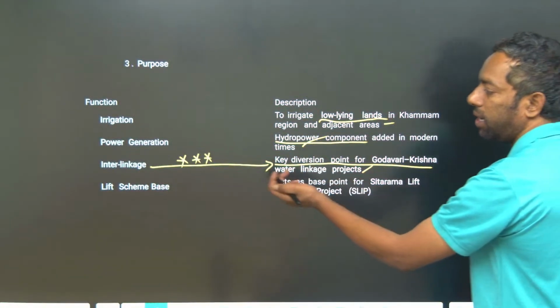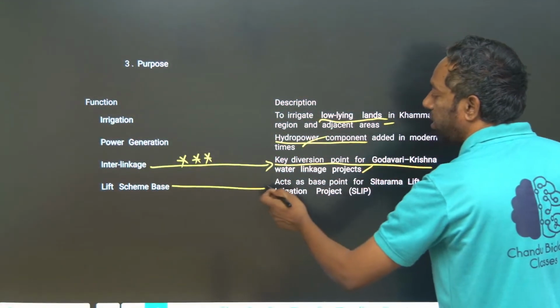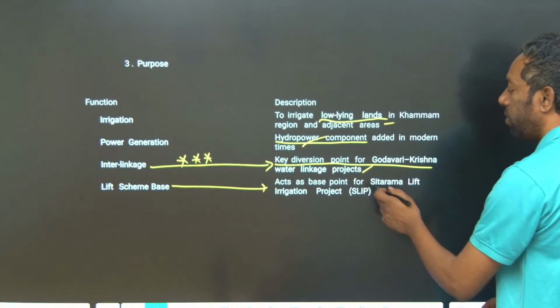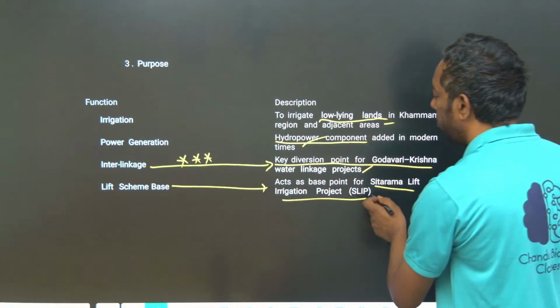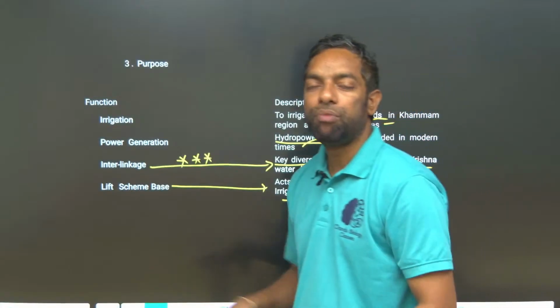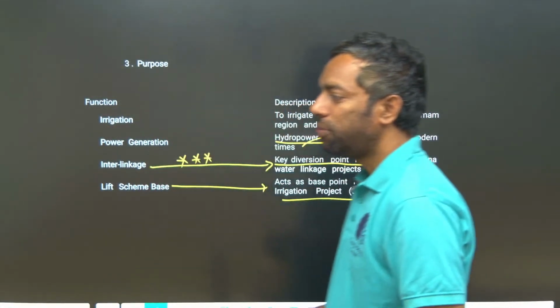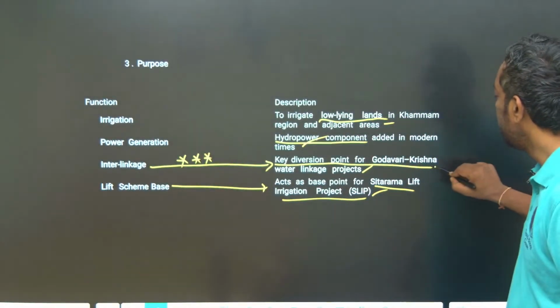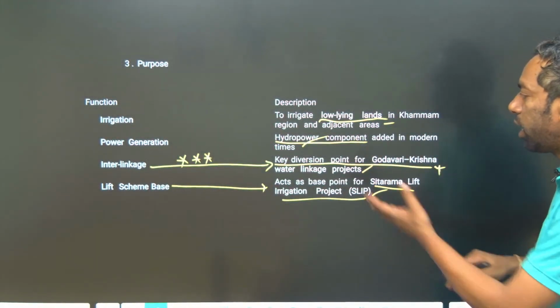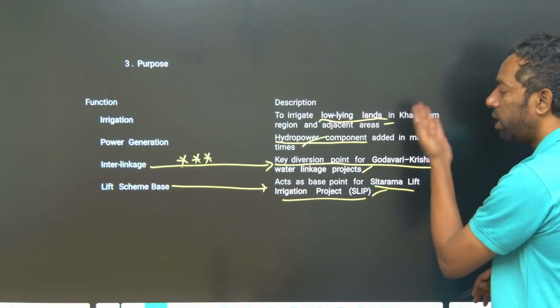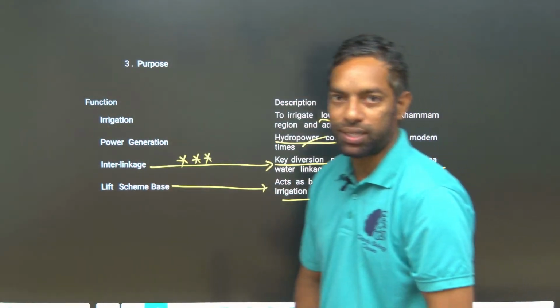There is another lift scheme based on this, acting as the base point of the Sitarama lift irrigation project. Based on that, they made this Dummagudem lift irrigation project. I hope you understand. This is the keyword: there is a key diversion point of the Godavari-Krishna water linkage projects.